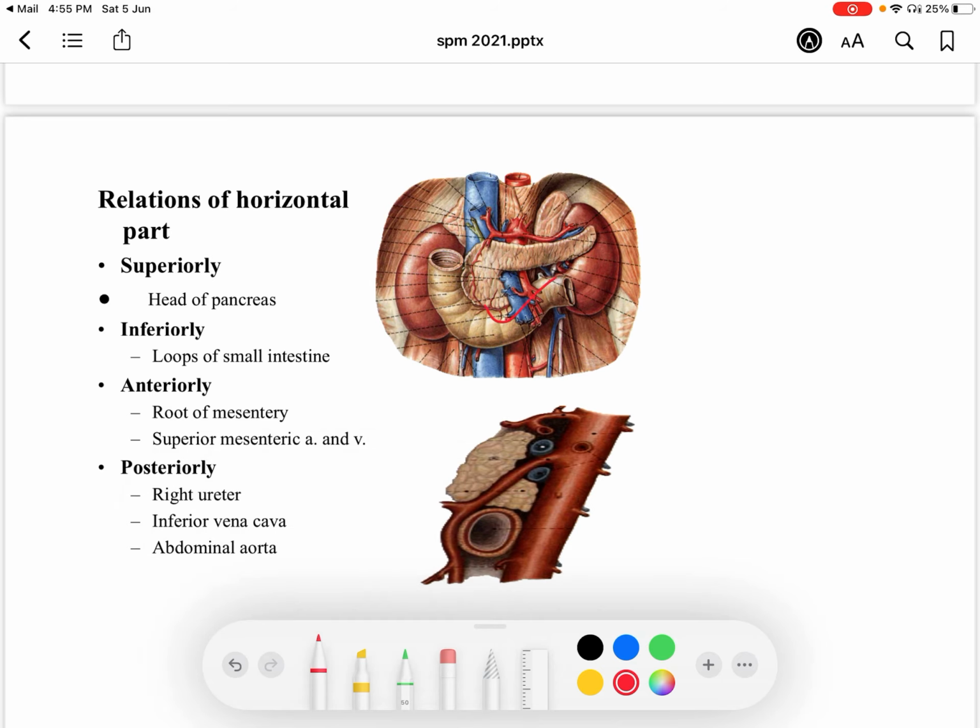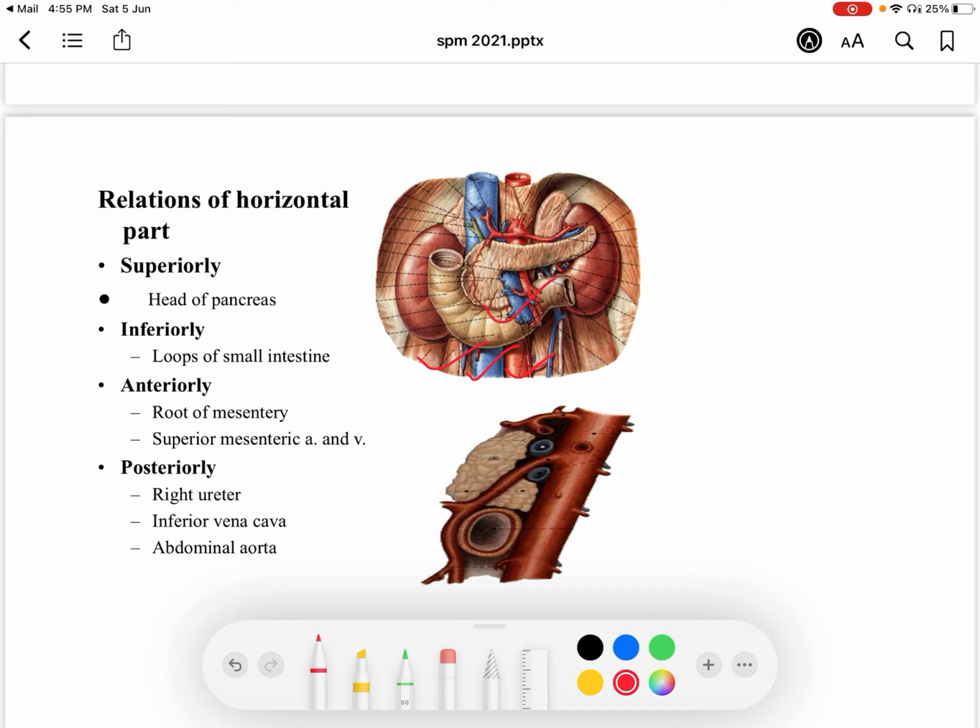And superiorly there is the head of the pancreas. Inferiorly it is covered by the loop of the small intestine. And posteriorly, on the right side, there are the right ureter and right psoas major, inferior vena cava and abdominal aorta.